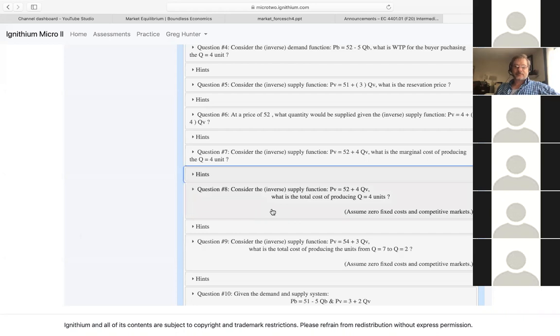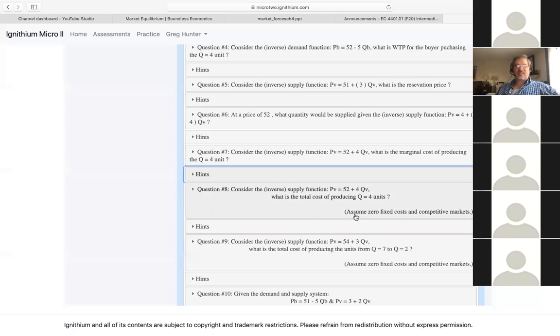Question 8, consider the inverse supply function, and it is the inverse supply function. That's what we should be calling it. And it says, what's the total cost of producing Q equals 4 units? Different question. I actually will tell you guys how to solve this one.